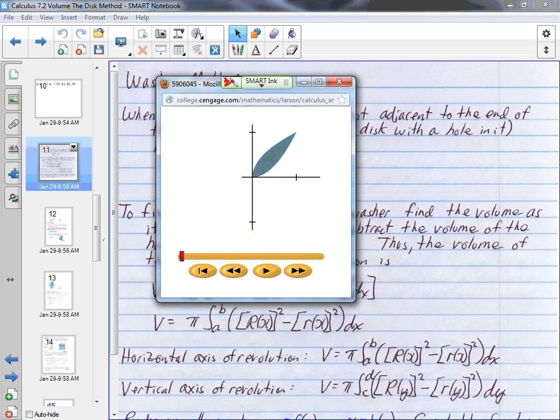You got an idea of what you're going to see? It's going to go across that horizontal one, I think, or around the horizontal one.